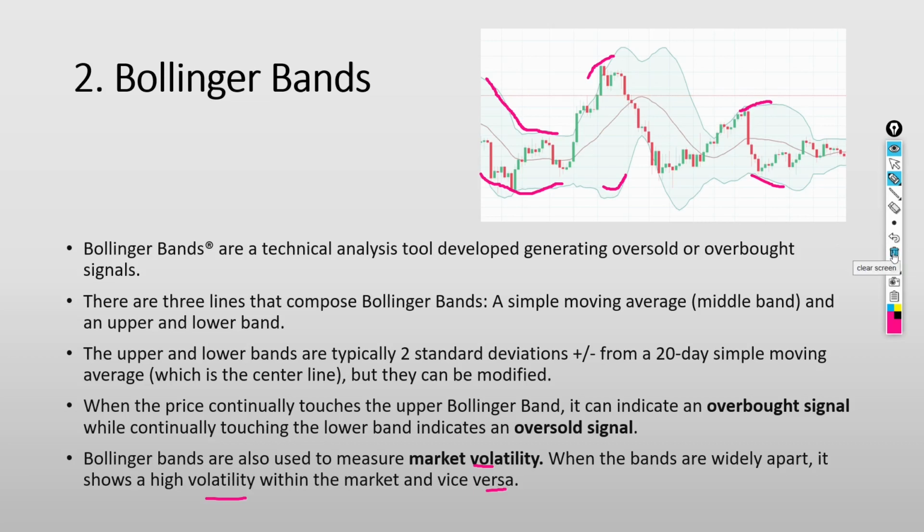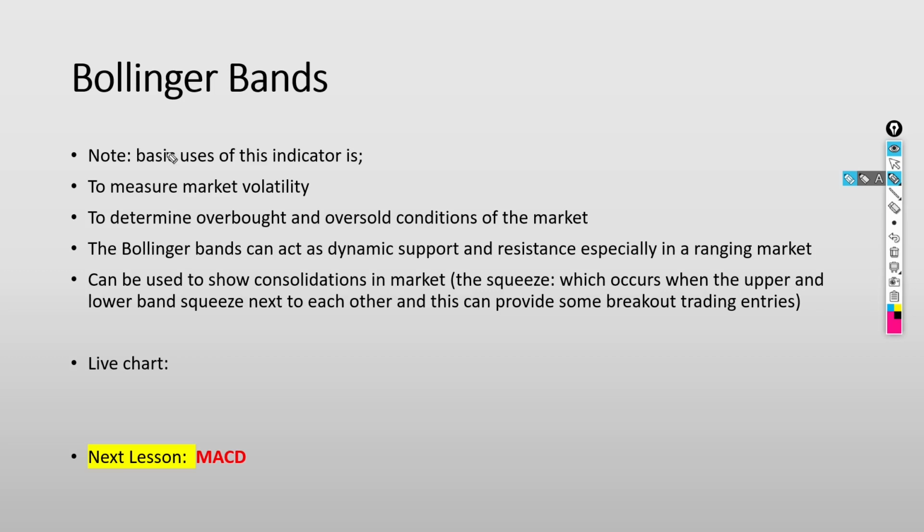Okay, so when the bands are widely apart, it shows high volatility, and when they are narrowly apart from each other, it shows a lower volatility within the market. Okay, so I want you to note the best uses of this indicator. Number one is to measure market volatility. Then to determine the overbought and oversold condition of a given market.